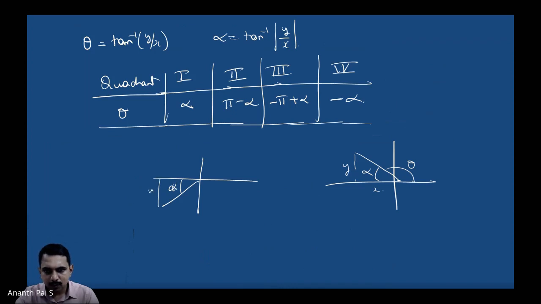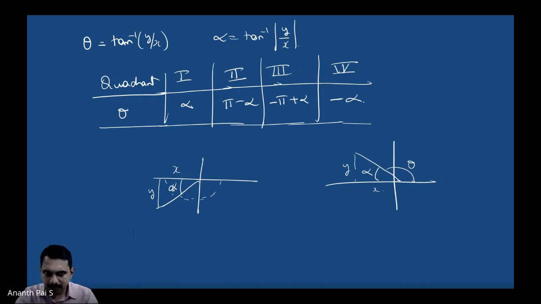This is y and this is x. So it is minus pi plus alpha, correct? Minus pi in the sense that it is going minus pi in the clockwise direction plus alpha. That would be the third quadrant.